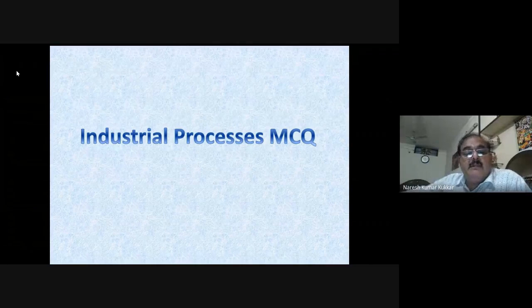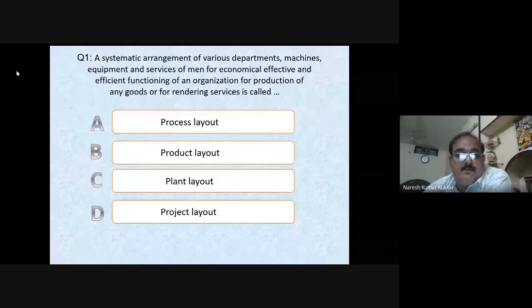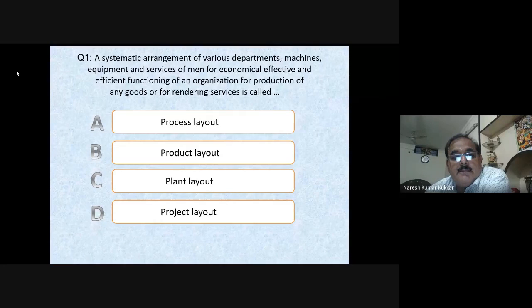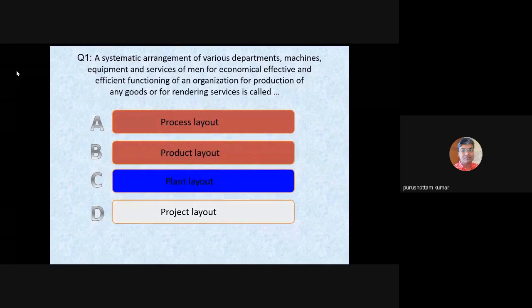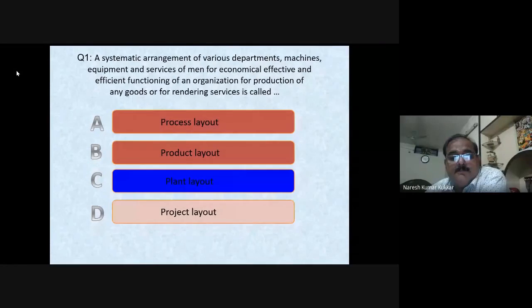Question 1, what can we answer? Plant layout. Right.